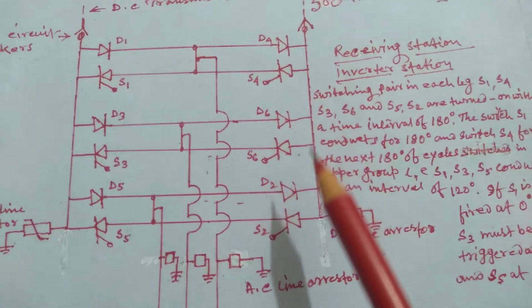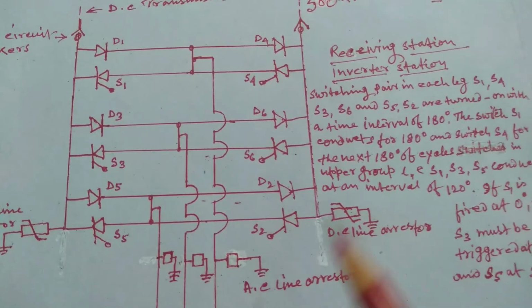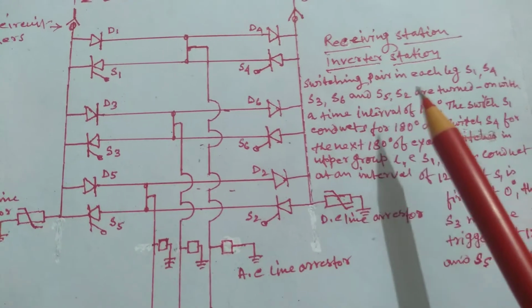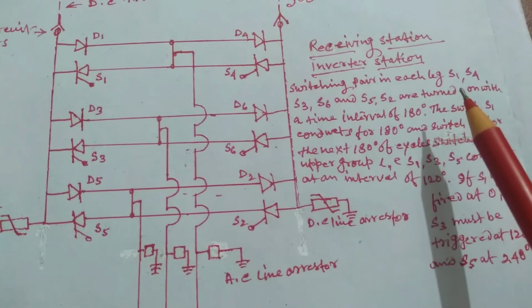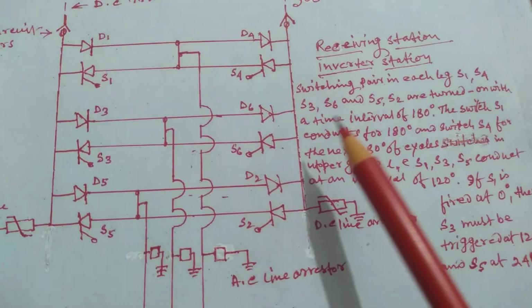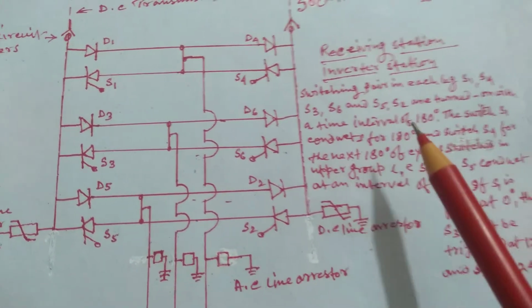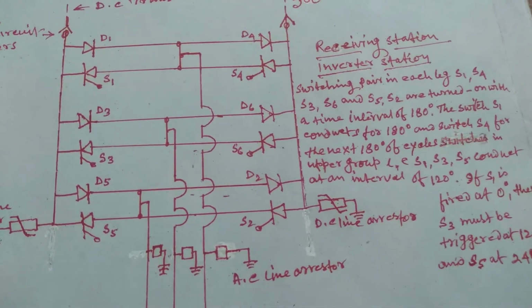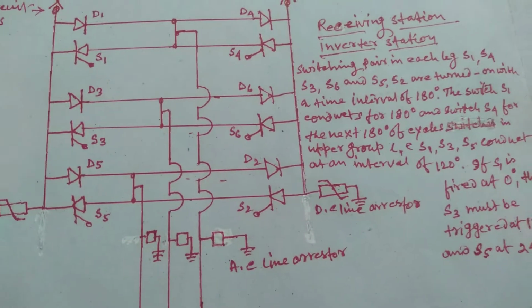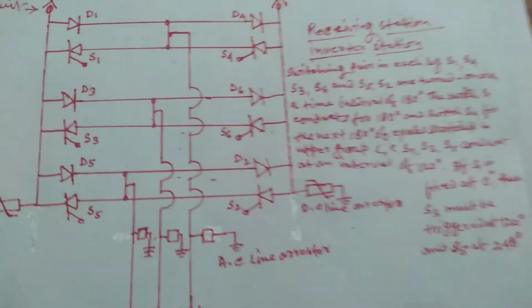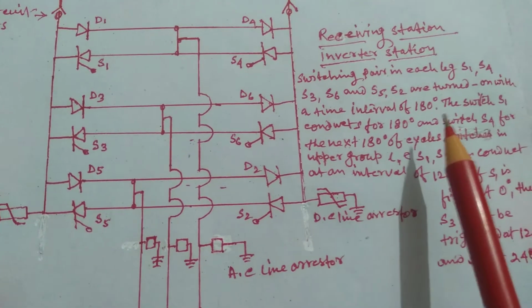The DC line 400 kV, and the switching pairs S1, S4, S3, S6 and S5, S2 are turned on at time intervals of 180 degrees.